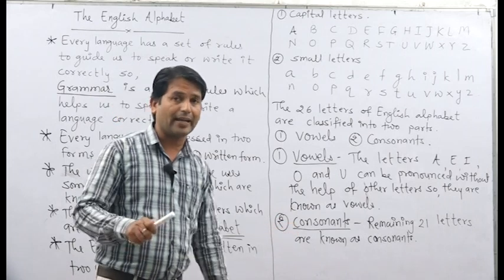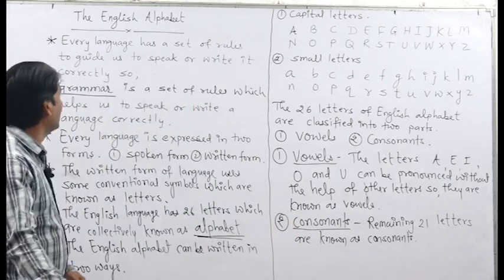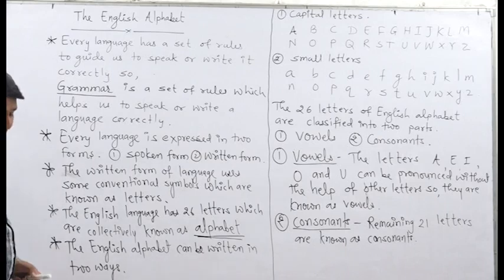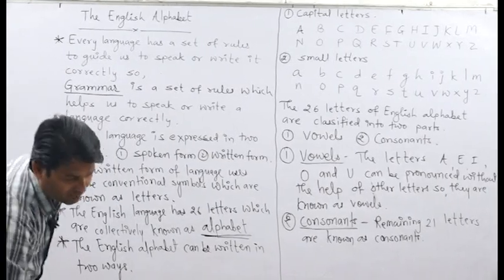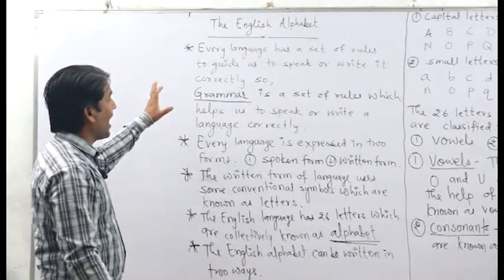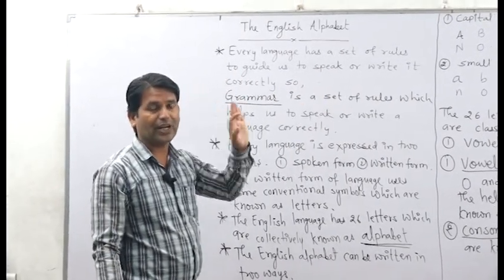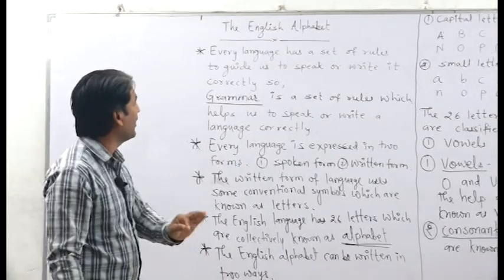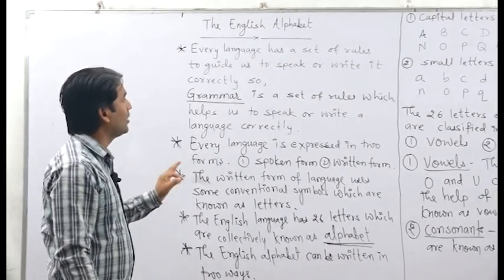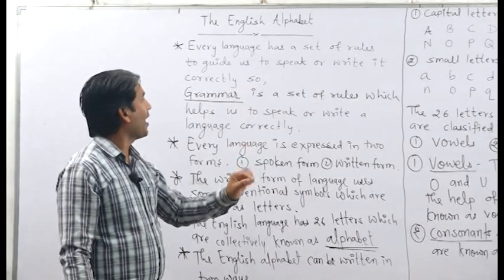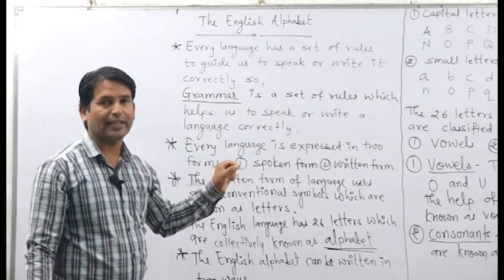Let us see again. I will revise for you. What? English alphabet. And every language has a set of rules. Each and every language has a set of rules to guide us to speak or write that language correctly.